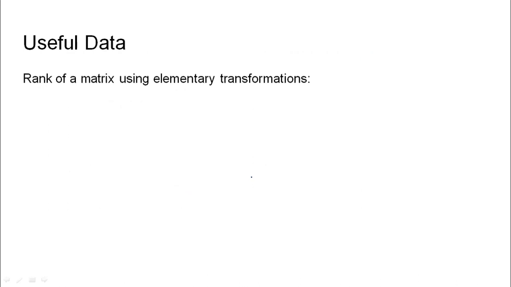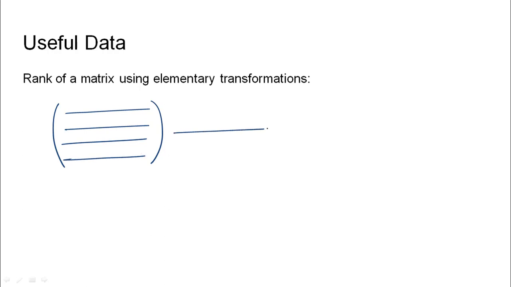When it comes to finding the rank of a matrix, we will be given a matrix with certain rows. The first thing that we need to do to find the rank is convert it into row echelon form. To do this, we take the last row, that is the nth row of the matrix, and we do some kind of transformation that may be a combination of this row and some other row.